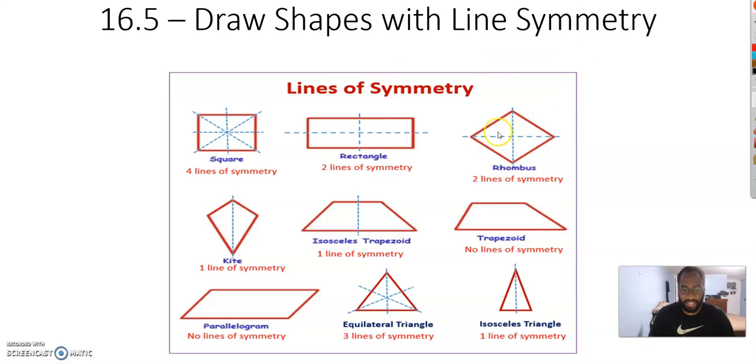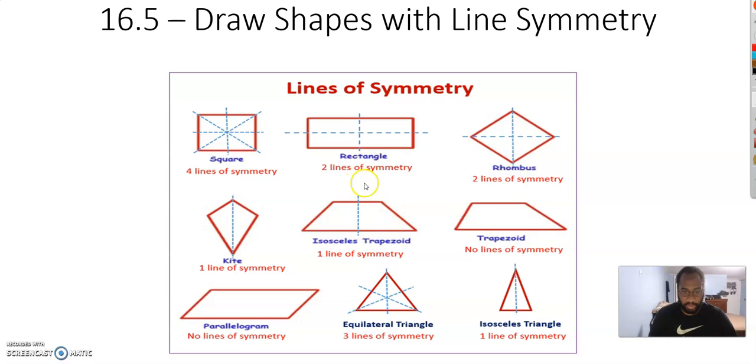A rhombus is like a square, but it's flipped this way. But it only has two lines of symmetry. A kite, one line of symmetry that goes right down the middle, vertically.